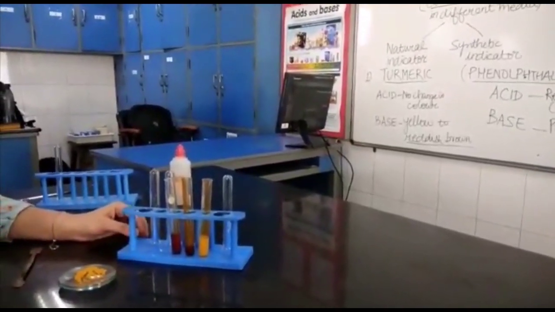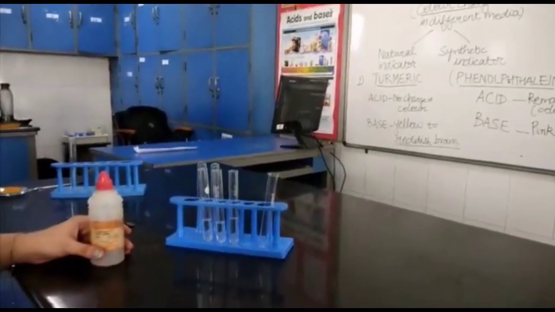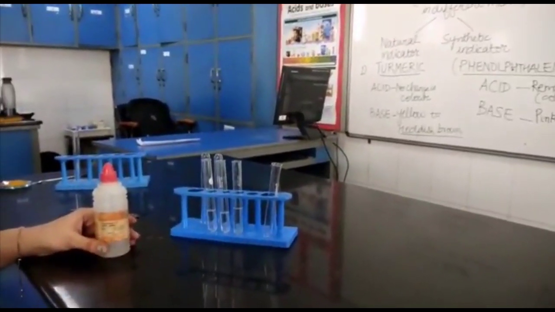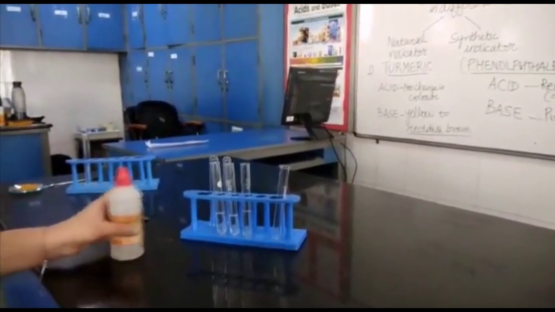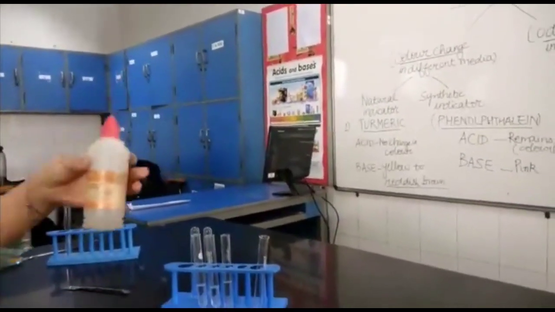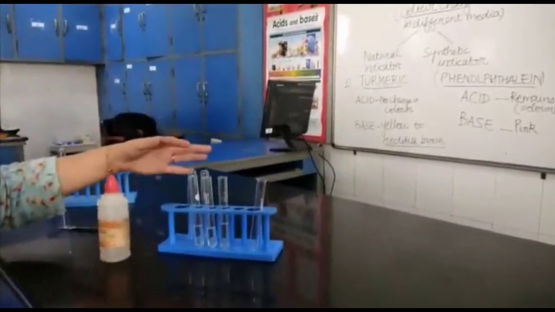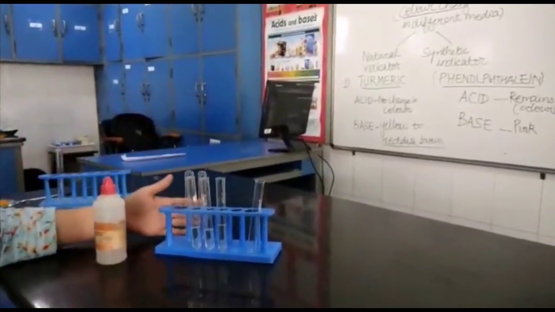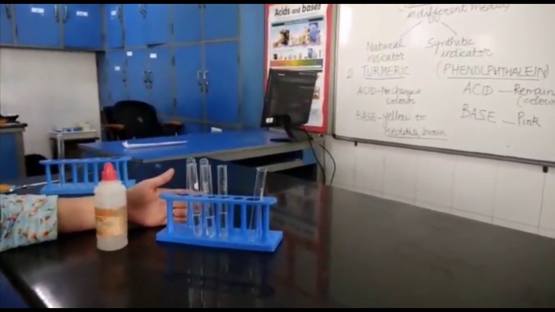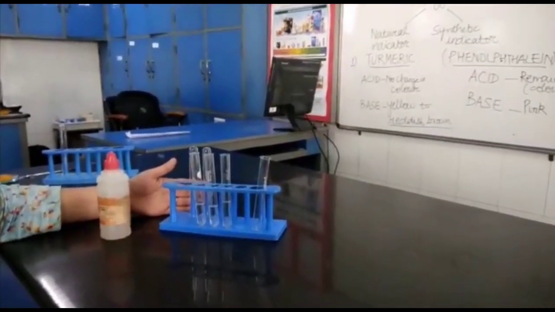We will see by experimentation how phenolphthalein can act as an indicator. Phenolphthalein is a synthetic indicator which is colorless, as you can all see. We've taken 3 test tubes in which one of the solutions is acidic, one is basic, and one is neutral, as water has been taken.